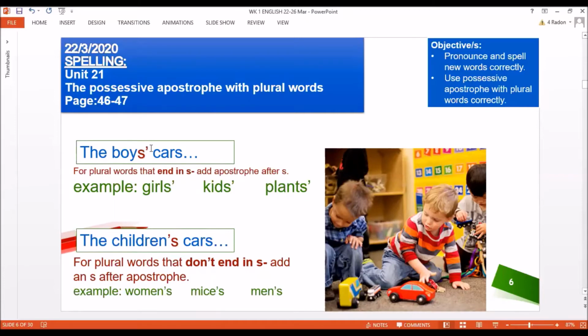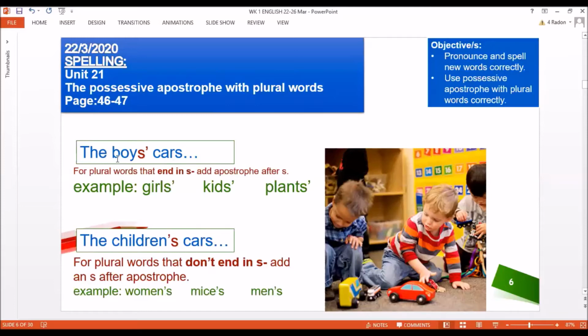Where is the apostrophe here and where is the apostrophe here? If you notice that the apostrophe here is after S and the apostrophe here is before S, you are correct. Now, why is that so? Why is the apostrophe here after S and why is the apostrophe here before S?